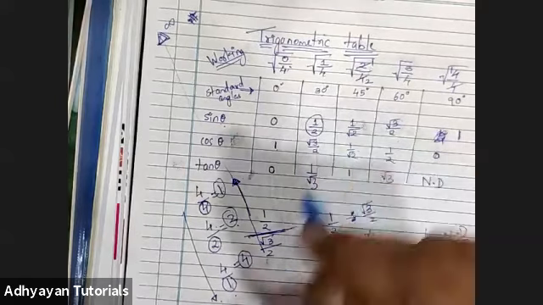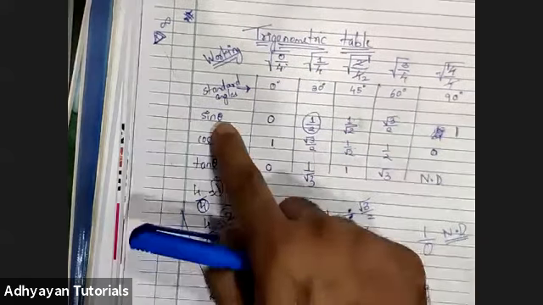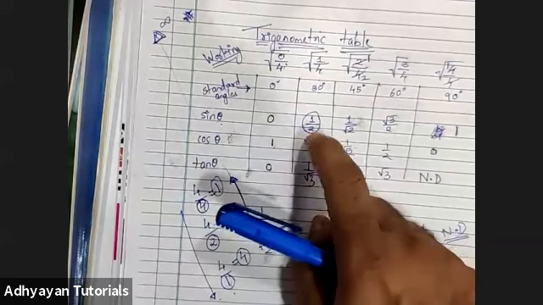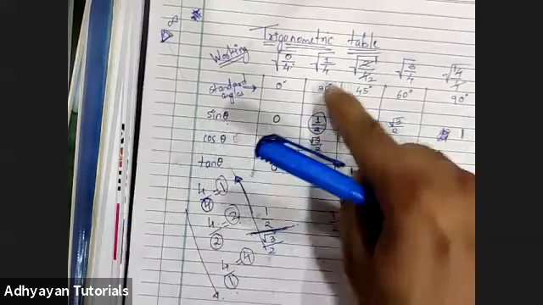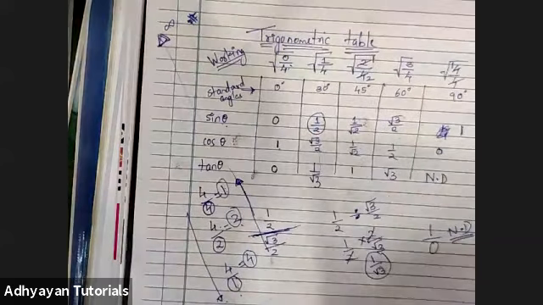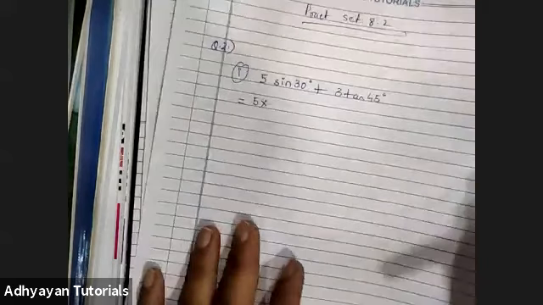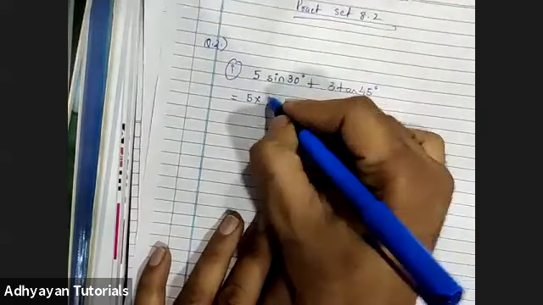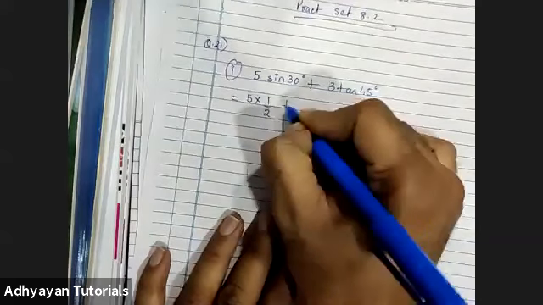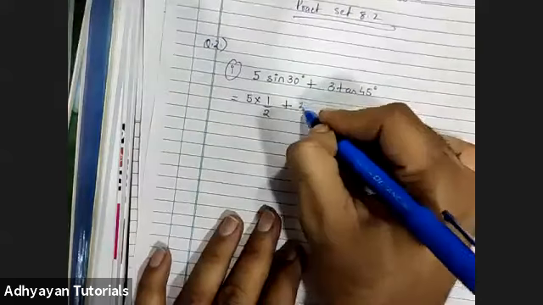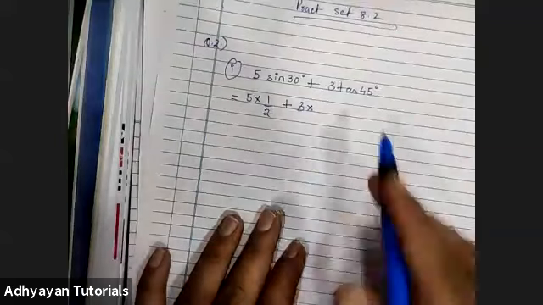That is the value, right? So sine 30 value is nothing but half. So instead of sine 30, what will we write? Half plus 3 into tan 45.